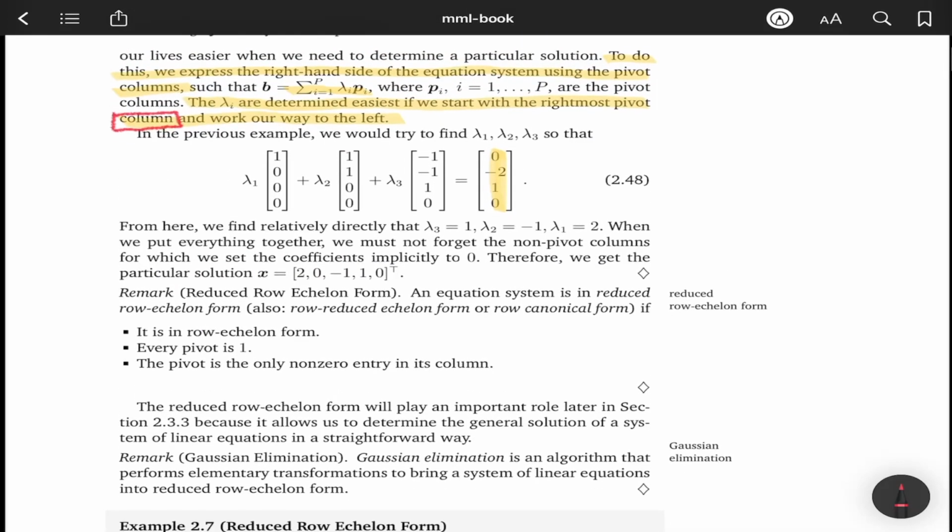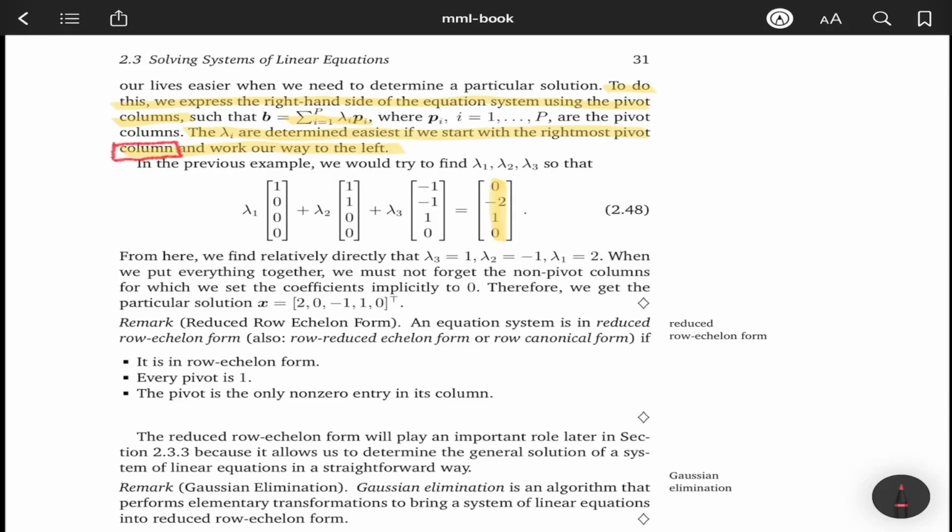Okay, so given that, let's just keep going. We know that we can see here quite easily that lambda 3 has to be 1 because we have this relationship. Only 1 will make sense.